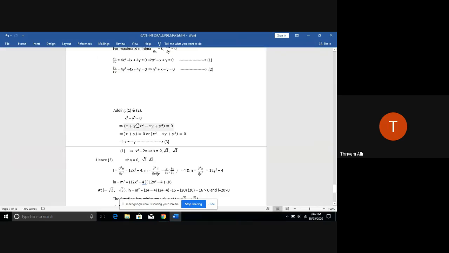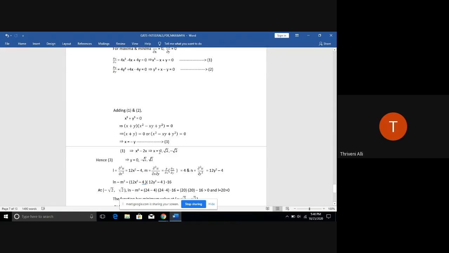Applying the a cube plus b cube formula, from the first term x equal to minus y. From the second, x cube minus 2x equal to 0. From equation 1, put x equal to minus y. Finally, x cube minus 2x equal to 0, x equal to 0, root 2, minus root 2. Since x equal to minus y, y is also 0, minus root 2, plus root 2.